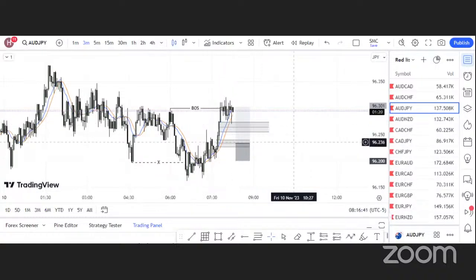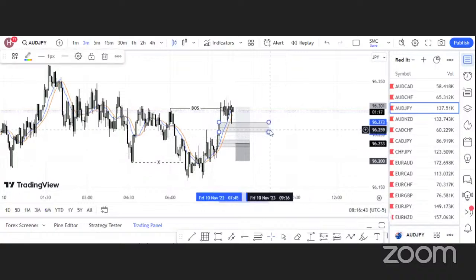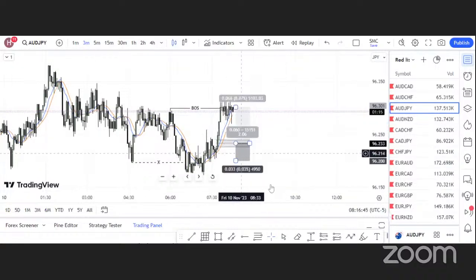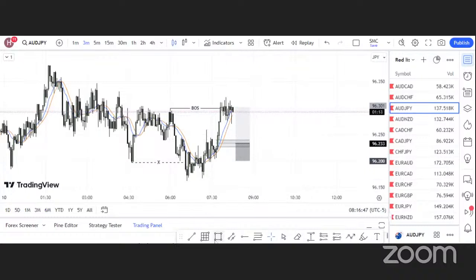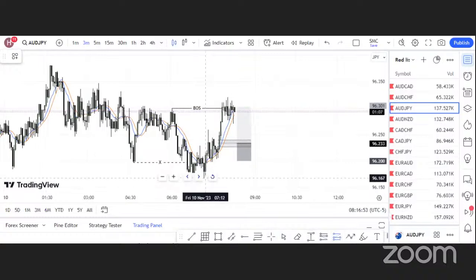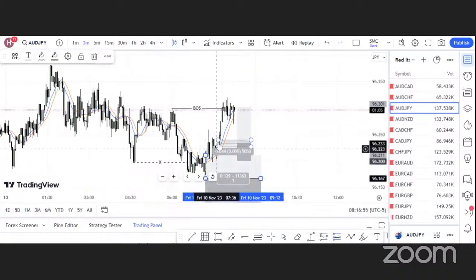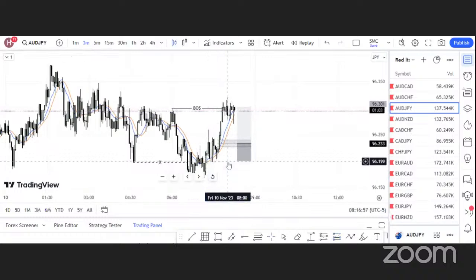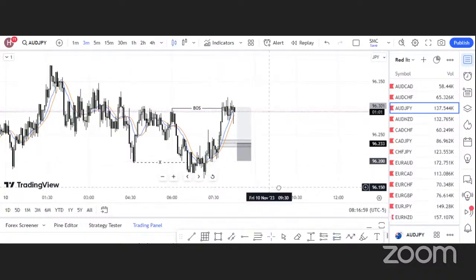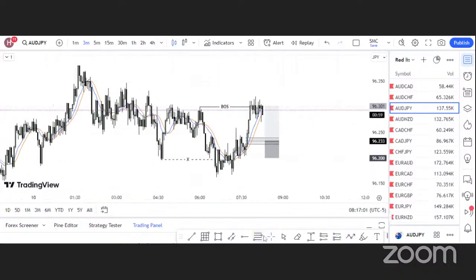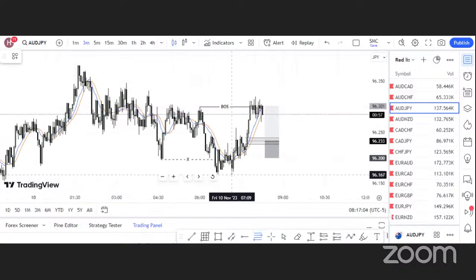But still, I would rather wait for the market to come to this area. So if the market doesn't come down, I'm just going to leave this setup and look for another setup for my entry. Like I've always said, you won't get a 100% entry all the time.